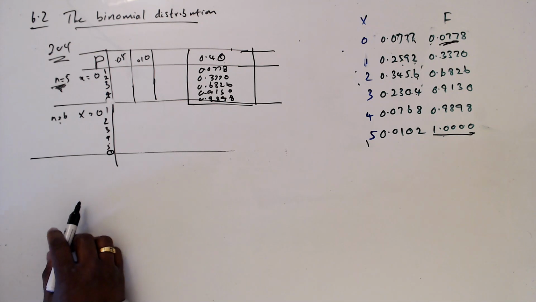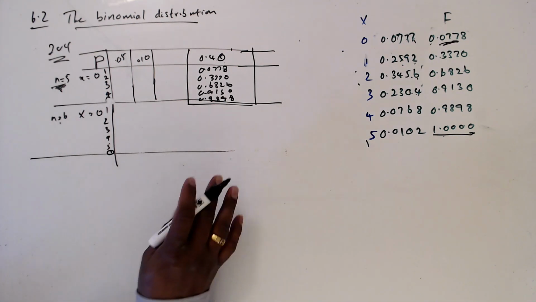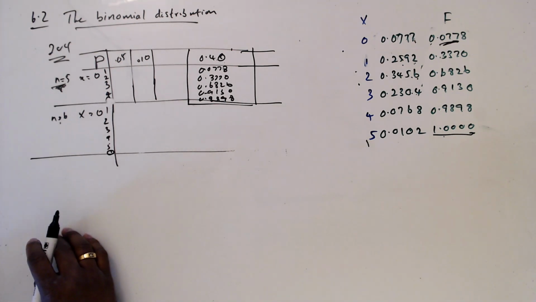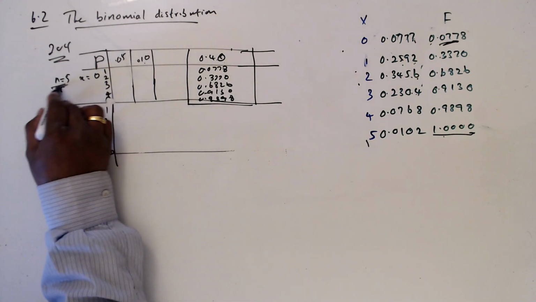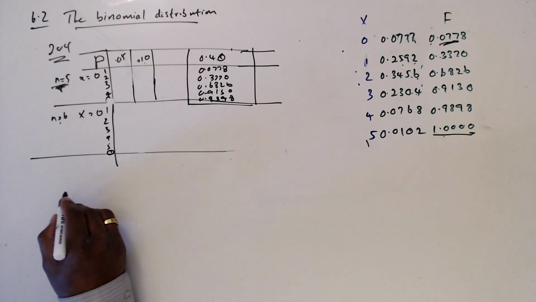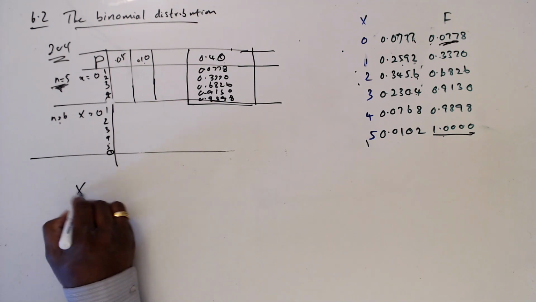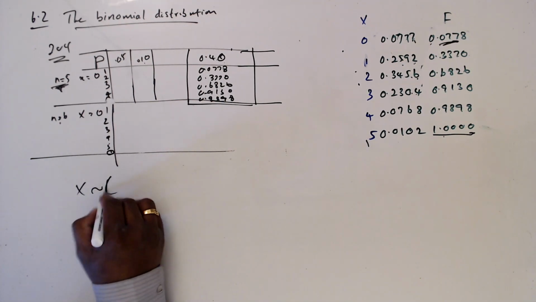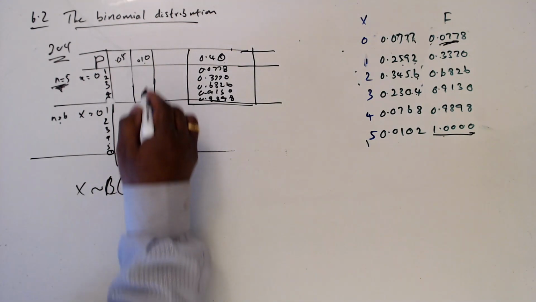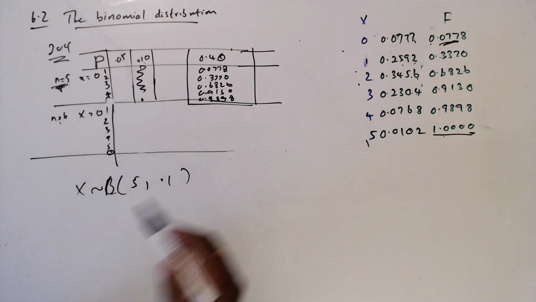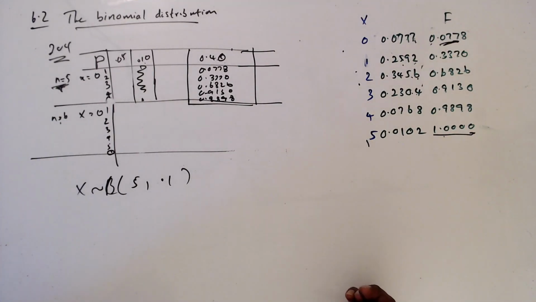Now you can see the idea behind that table. If you want to find the probability with p 0.1 and number of trials 5, so x follows binomial 5 and 0.1, then you have to select this one, but it is in the cumulative form.